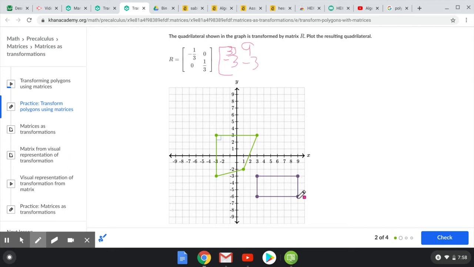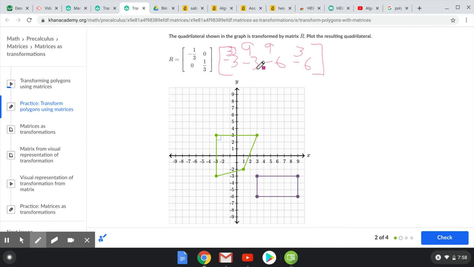And then 9, -6. And no, here, sorry. 3, -6. 3, -6 is the last one. Okay. Sorry again for that not being super straight.